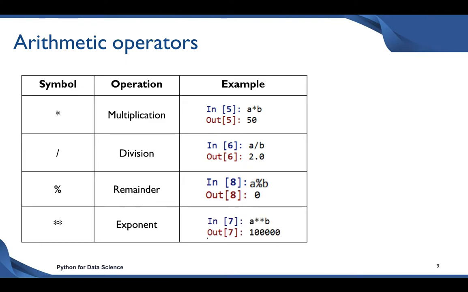Similarly, if we wanted to find the power, that is known as exponent, and the symbol is double star. So a star star b gives the power, that is a raised to power b. 10 raised to power 5, we get 100,000, right?